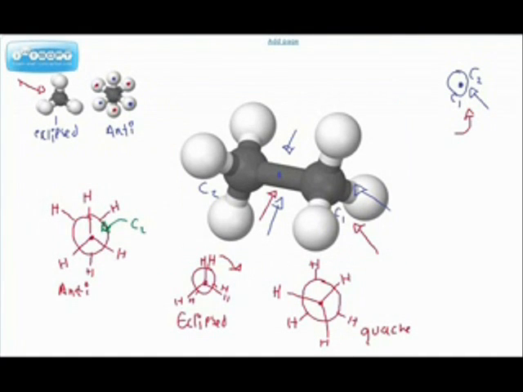So that's the introduction to Newman projections, and we're going to use this to predict the geometrical arrangements, the stereochemical arrangements, as we call it in organic chemistry, of all types of molecules.